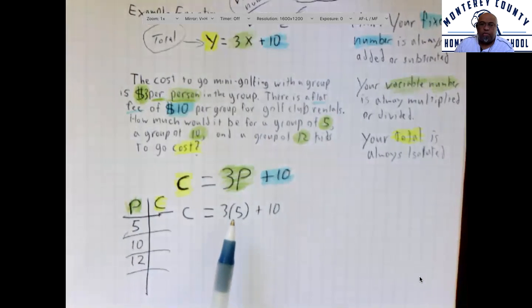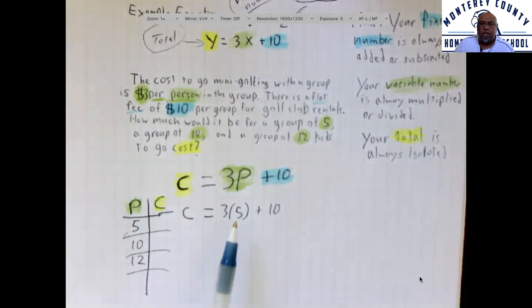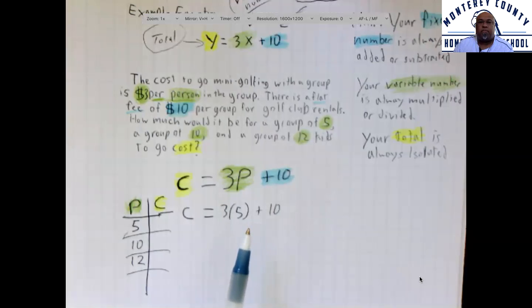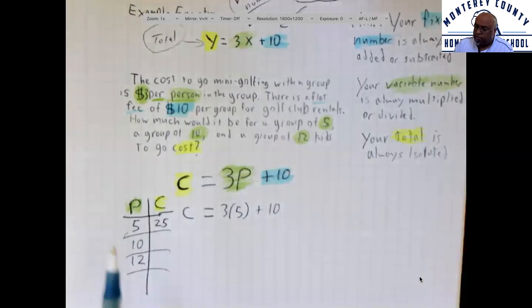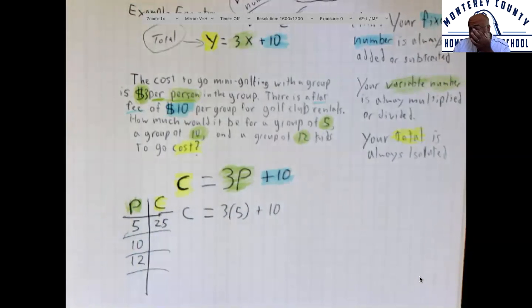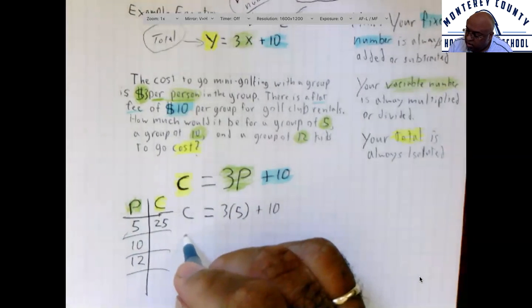So 3 times 5 is what? And let's see, who's got their hand raised? Aaliyah, that's right. 3 times 5 is 15, okay? And what is 15 plus 10? Yes, Hector, you're right. 15 plus 10 is 25. So if there's 5 people, the cost is $25.